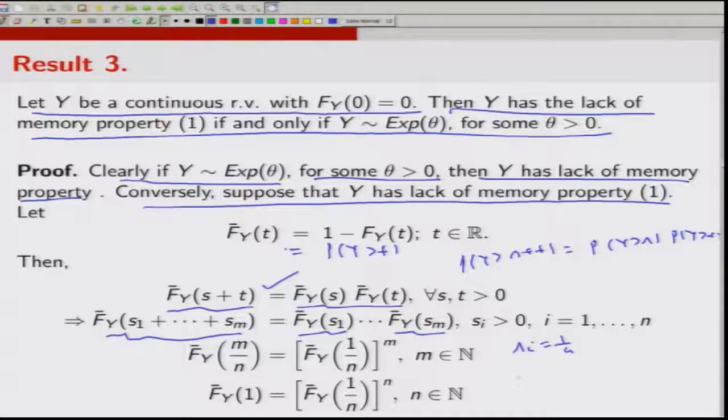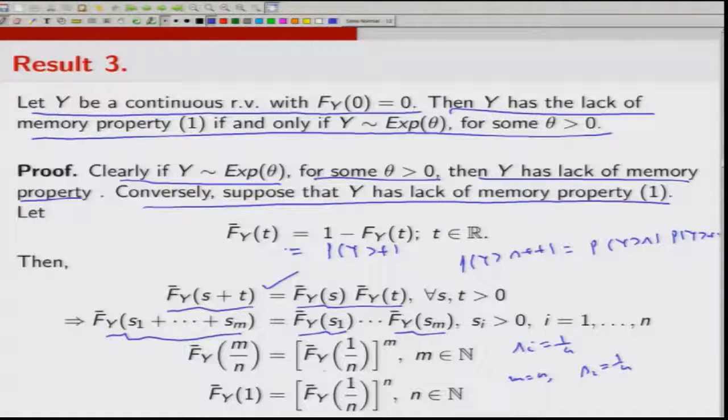Now I take again m as same as n, and each si to be 1 by n. So in fact here you take m is equal to n. So f bar y turns out to be f bar y 1 by n to power n, because I have taken m is equal to n.